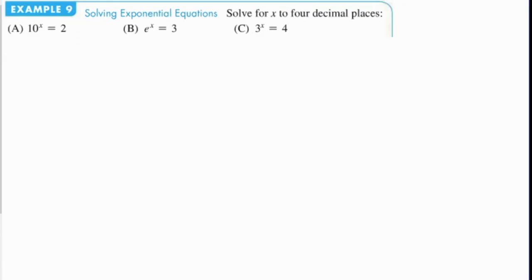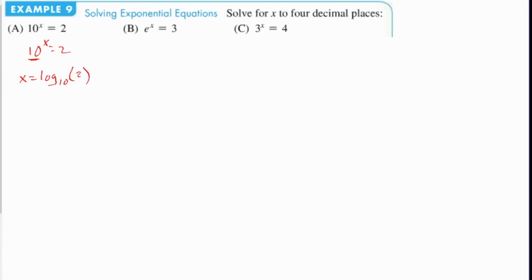So now we're going on to solve exponential equations. And it might help us this time to rewrite this as a logarithm. So remember, logs are the exponents, and they're going to have the same base. So we're going to say x equals log base 10 of 2.